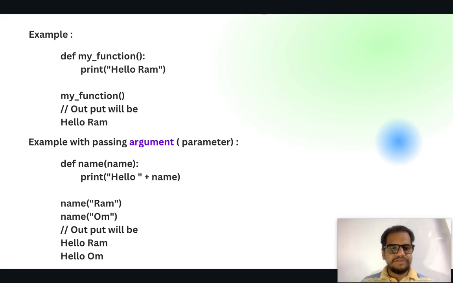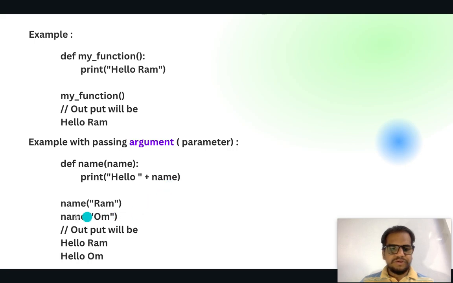So next example, with passing arguments or parameters in a function. So we will take here def. A function always starts with def. So here we put the function name as name, and the parameter or argument name is name also. So we type here print the string hello, and concatenate with the variable name.